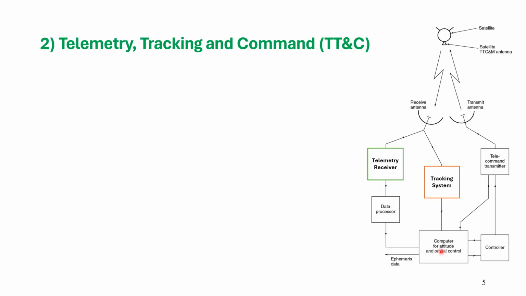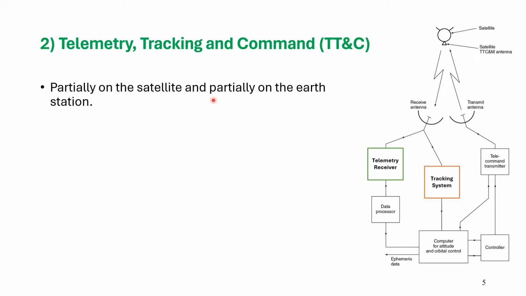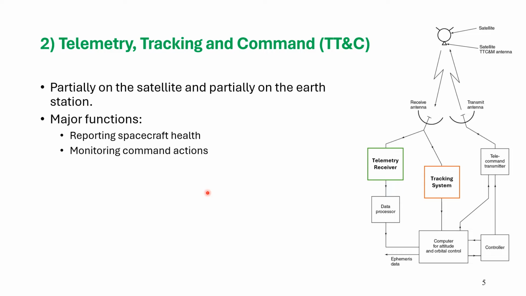We receive the data, we process them, and we send the commands to control again. We also have the transmit antenna for the TT&C and the telecommand transmitter. It is partially on the satellite and partially on the earth station, reporting spacecraft health, temperature, pressure, whatever can be measured. And then we have the monitoring commands action.